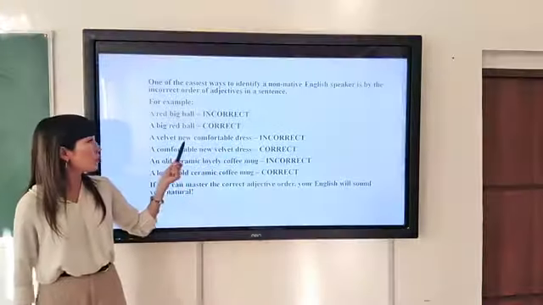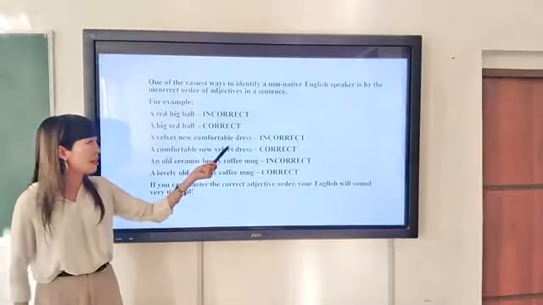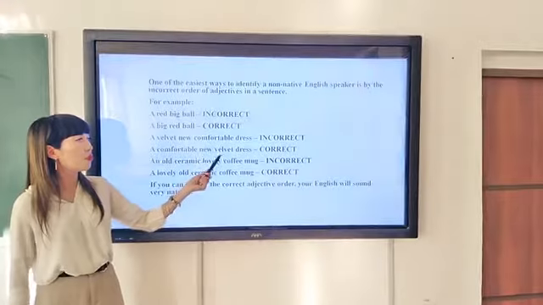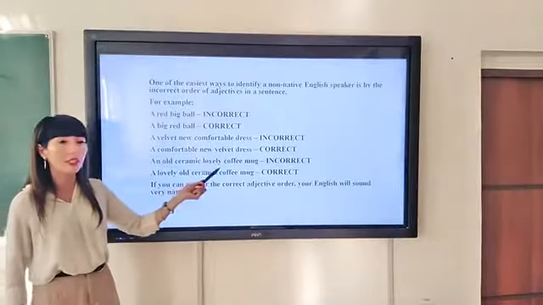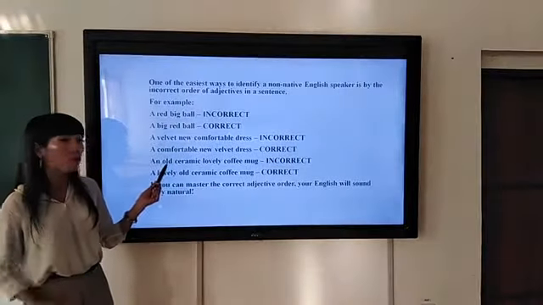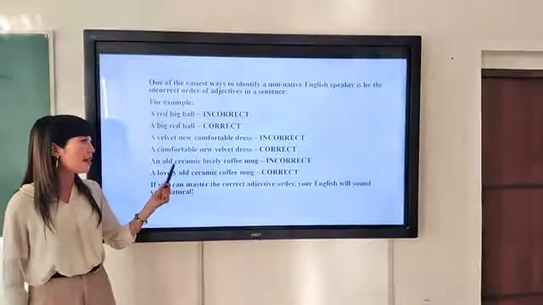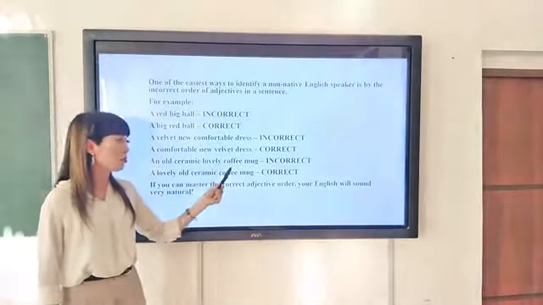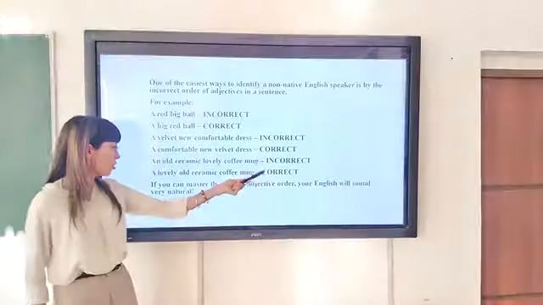Why? Because we don't put material before age or anything. Here, comfortable new velvet dress is correct. An old ceramic lovely coffee mug is incorrect. Why? Because we don't put age before opinion. Here is opinion, it is age, it is material, it is purpose. So here, lovely old ceramic coffee mug is correct.